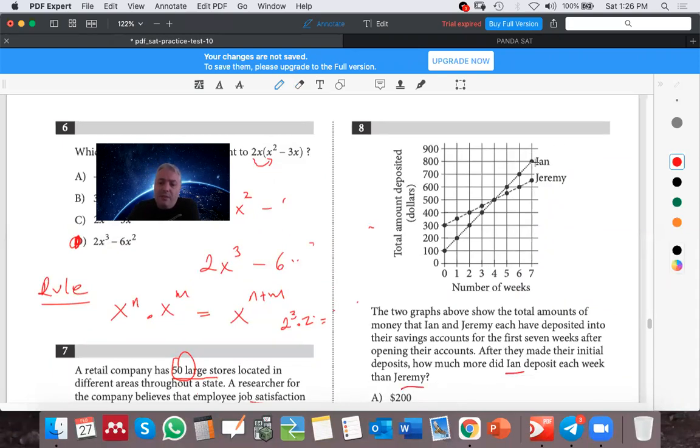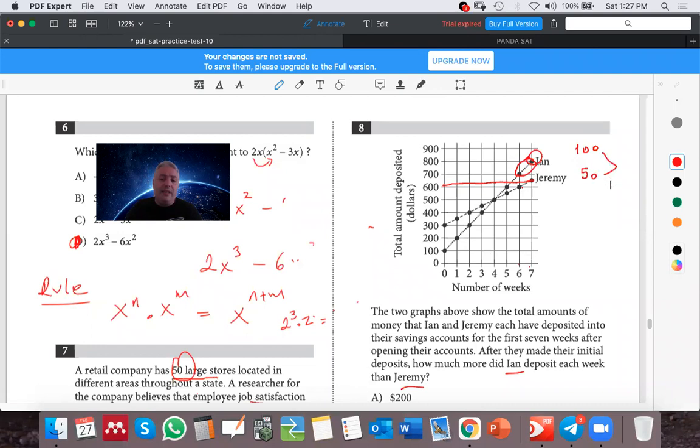For Ian, for example here, from 700 to 800, what is the increase? 100. What about for Jeremy in the same period, from 6 to 7? It is 600, so this is 650. From 600 to 650, you are increasing the amount by just 50 units.